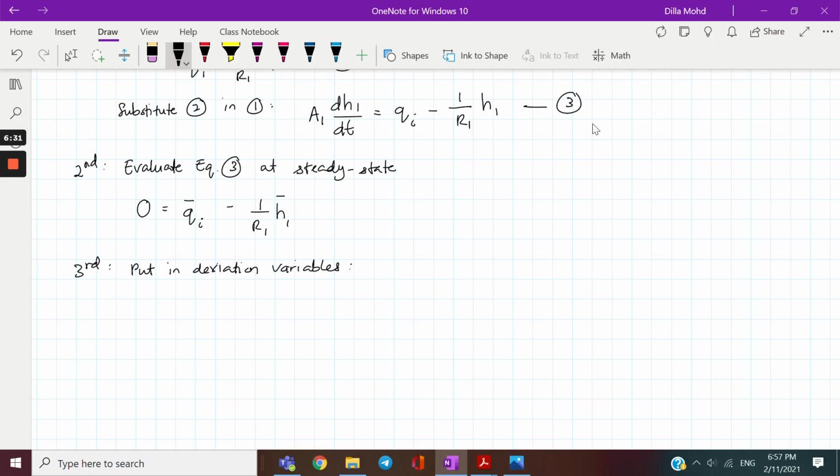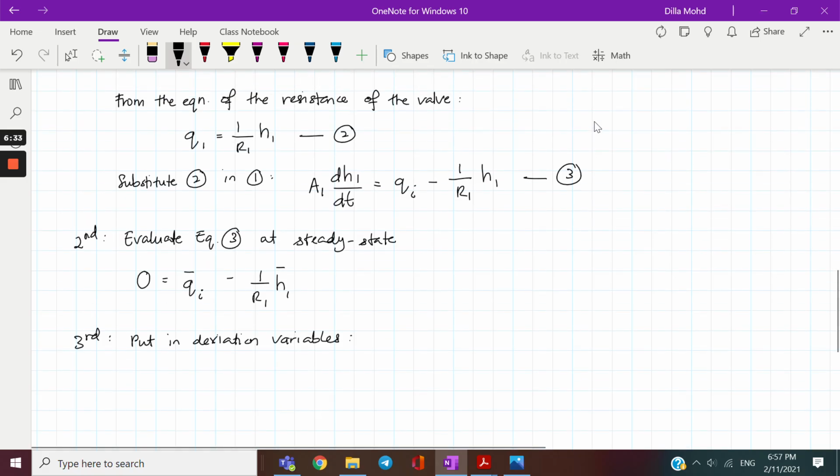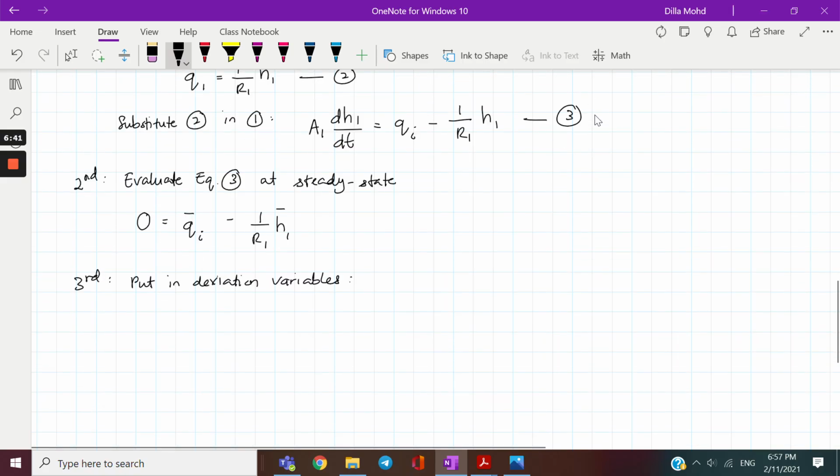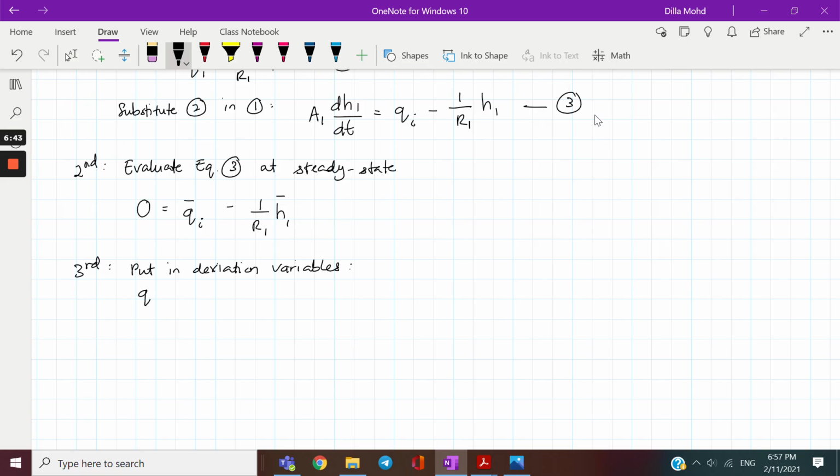From equation 3 and equation 2, you have Q1, Qi and H1. So these are the variables that you need to put in deviation variables. Qi prime is Qi(t) minus Qi bar. Next, I would have Q1 prime, the deviation, equals Q1(t) minus Q1 bar.